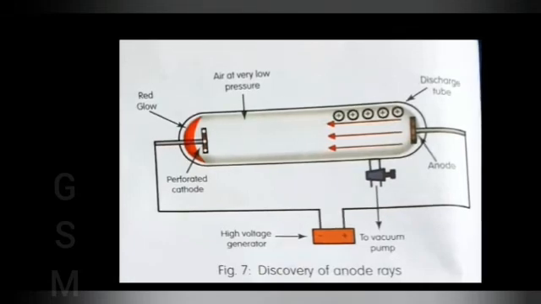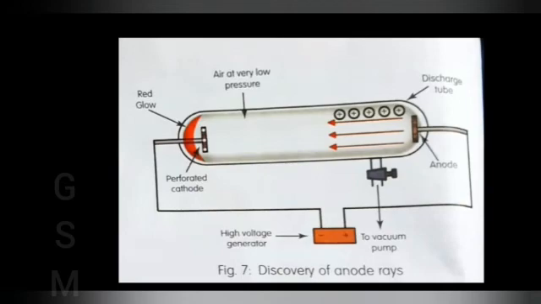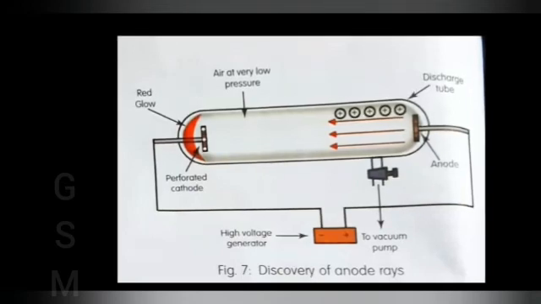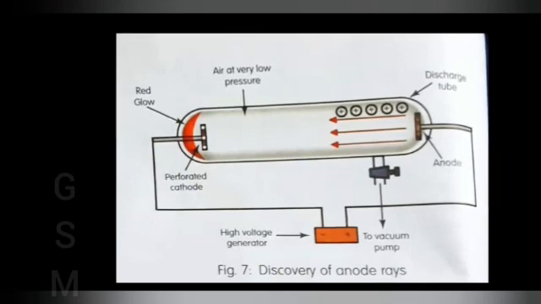He noticed that the faint red glow is due to some rays that are produced at the anode. Since they are formed at the anode, they are known as anode rays or positive rays. These rays are beams of particles which move in a direction opposite to the cathode rays.